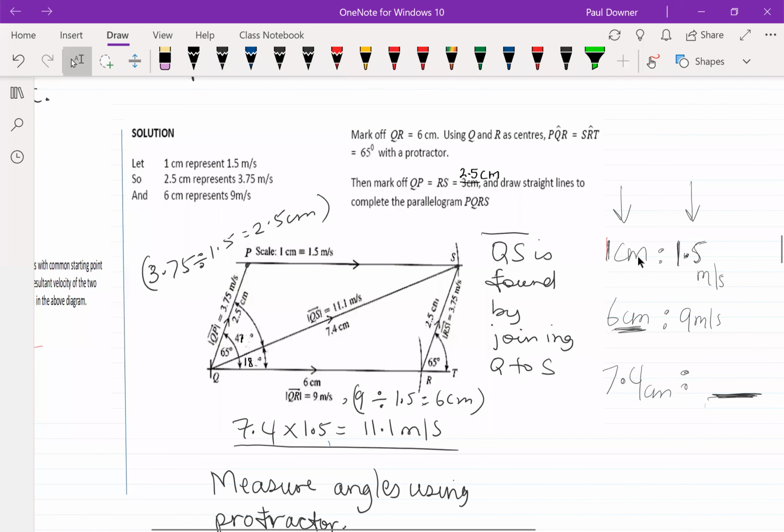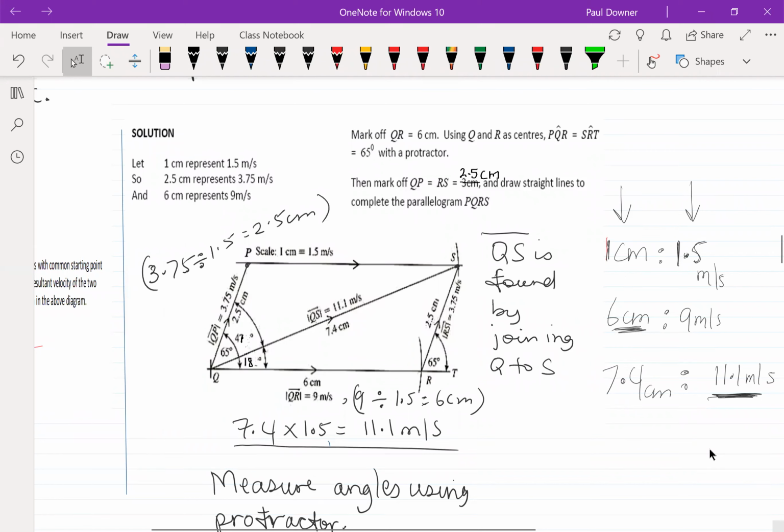Now, we have to go this direction, so we have to multiply. So to get the answer here, we'd have to take 7.4 and multiply it by 1.5. So that's why you see me multiplying 7.4 by 1.5 to get 11.1 meters per second, which would be the modulus of this vector, or the velocity in this case, is 11.1 meters per second. So what would go here would be 11.1 meters per second.